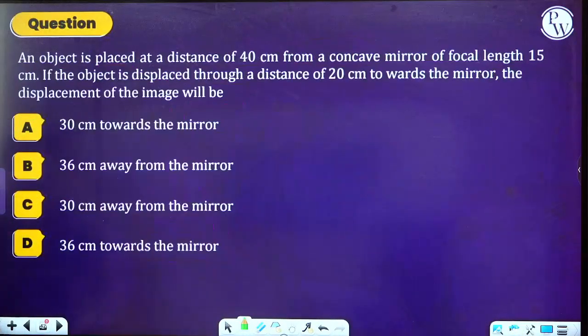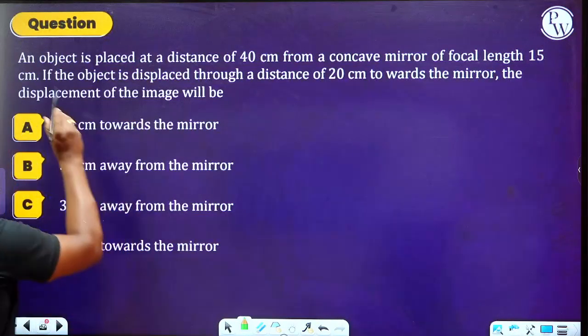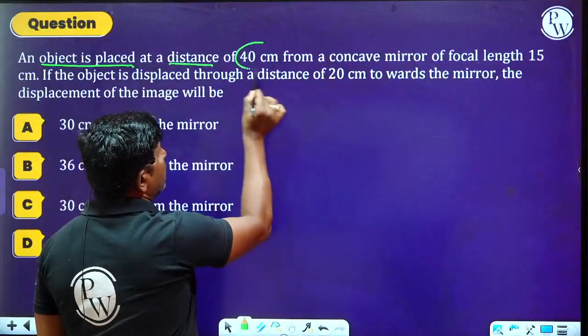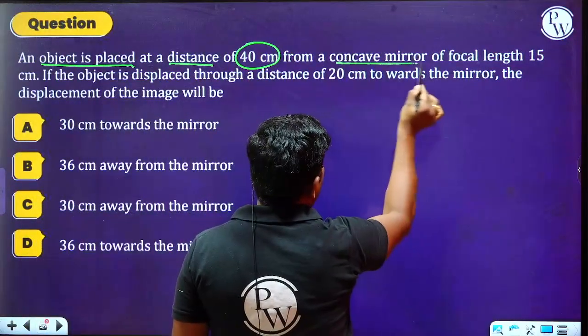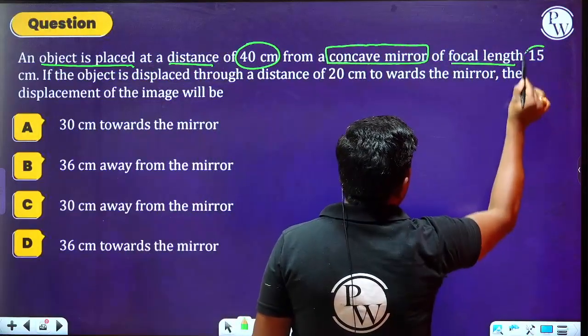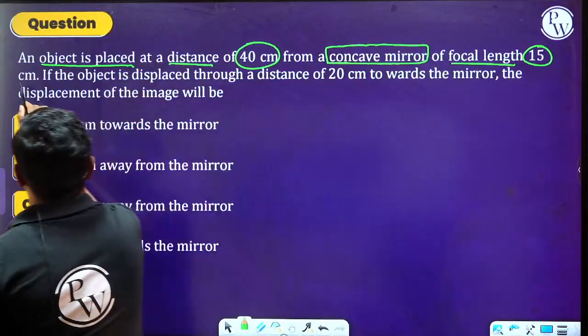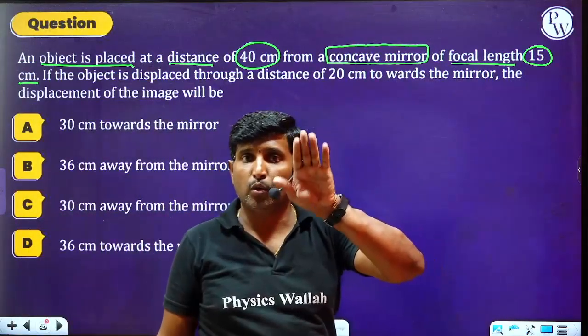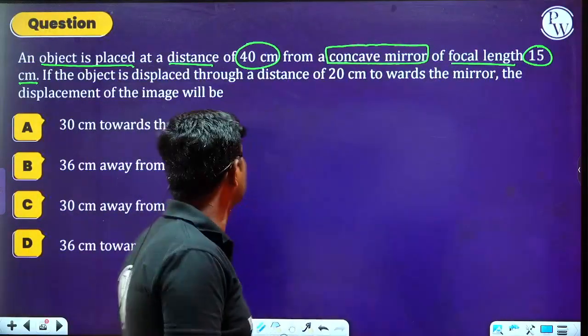So move on to the next question. What are they saying to us? Please observe this. An object is placed at a distance of 40 centimeter from a concave mirror of focal length 15 centimeter. What is the mirror given to you? Concave mirror. We have to concentrate on the mirror.